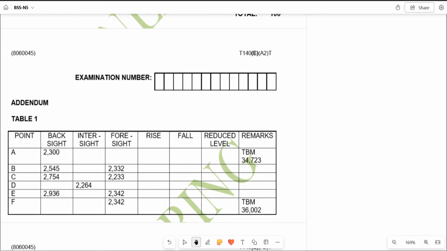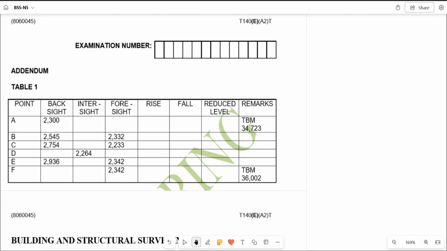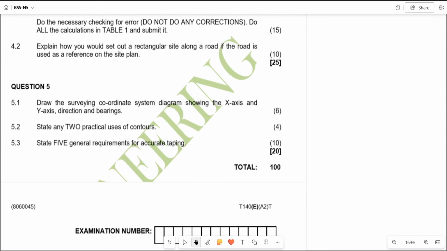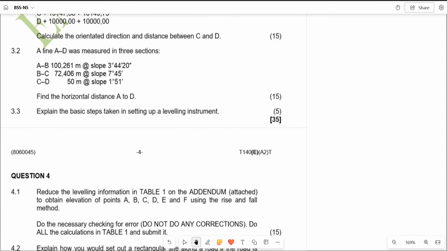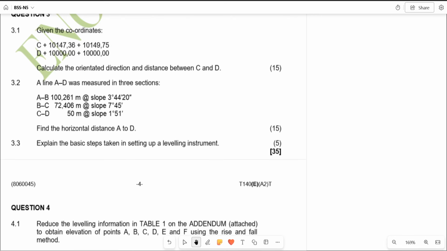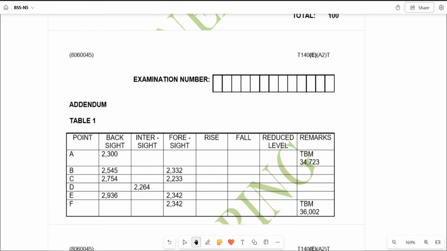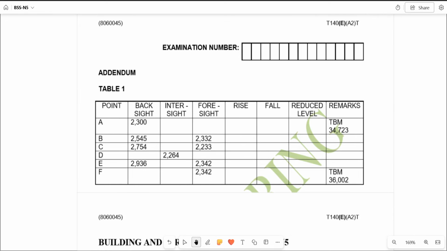Well, we did that. How many marks is the rise and fall method? 15 marks again. That's 15, 15, 30, 45. Right. Let's just get to it.